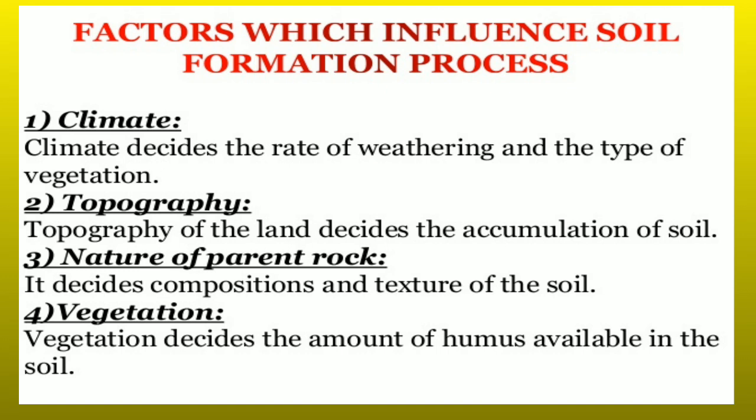It may be mountainous, it may be sandy. Nature of parent rock. It decides the composition and texture of soil; how the soil texture will be is decided by the parent rock. Now vegetation. Vegetation decides the amount of humus available in the soil.